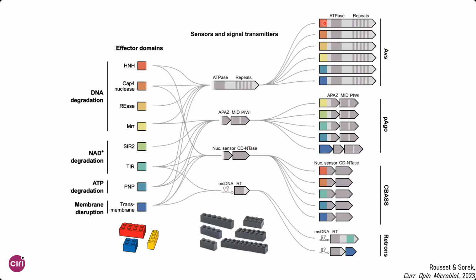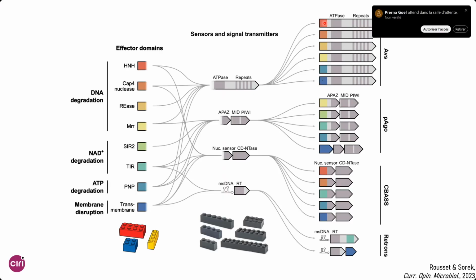They can be arranged and recombined, and the result of this is that this drastically increases the molecular diversity of these defense systems, starting from a very, very limited set of building blocks. So we believe that there's something constitutional in the nature of these defense systems that makes them so successful in terms of evolution.